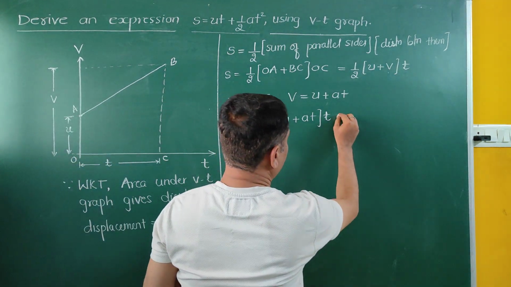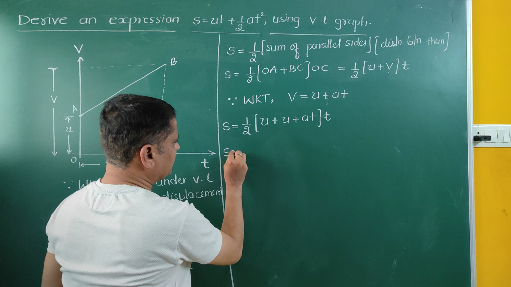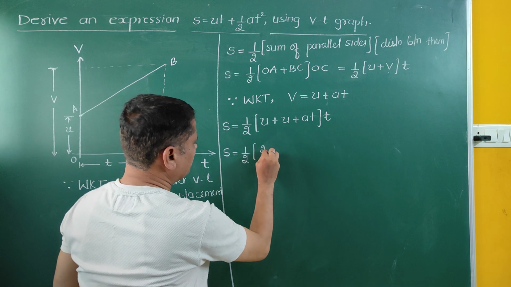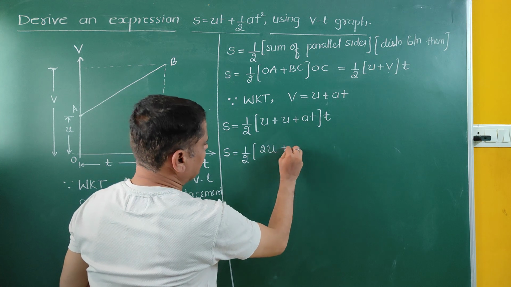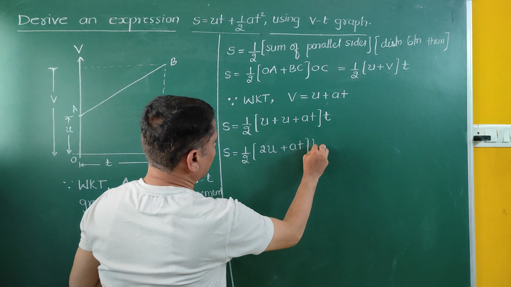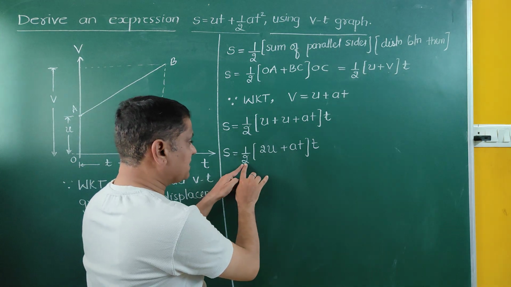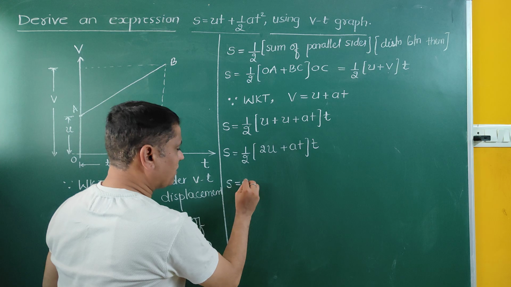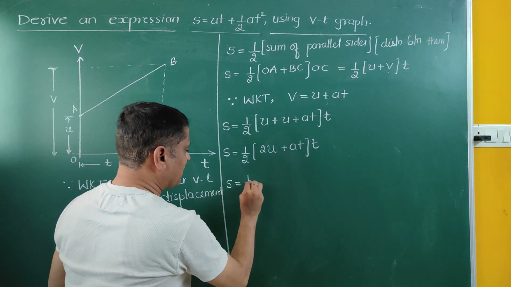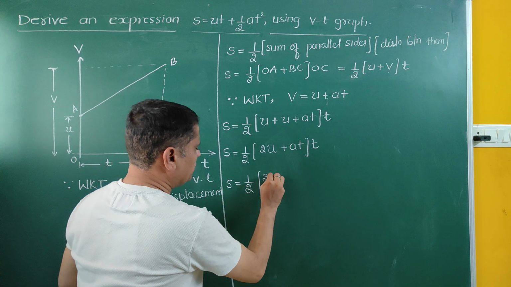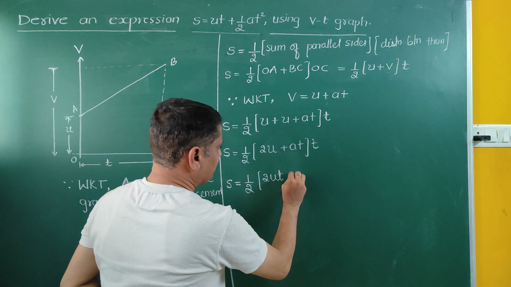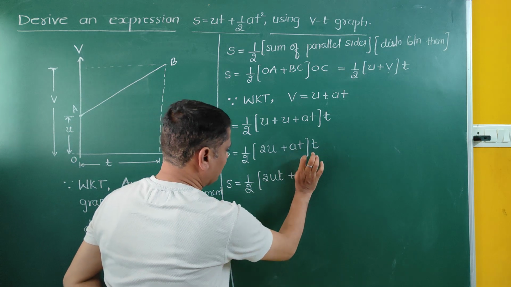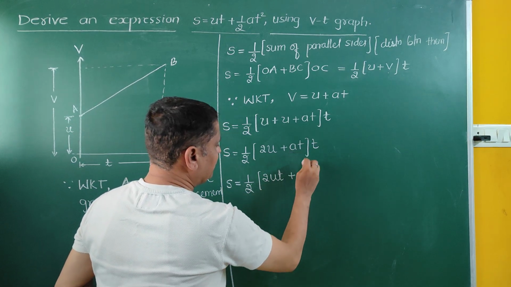Next, S is equal to half U plus U is 2U plus AT, bracket closed, into T. If I multiply the half and T inside, then it becomes 2UT plus, I have not multiplied the half so far, AT into T is AT square.